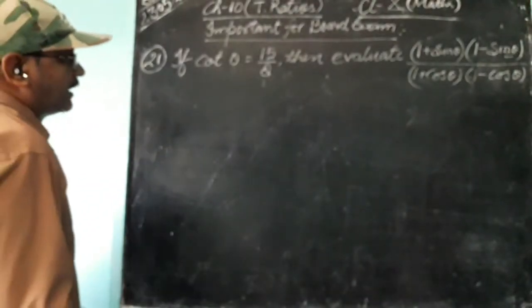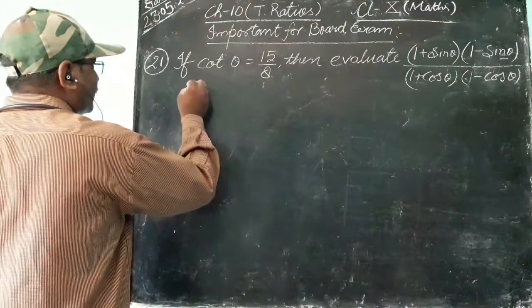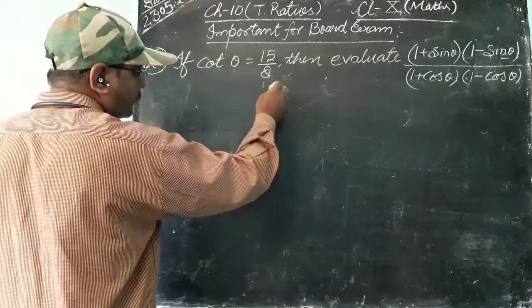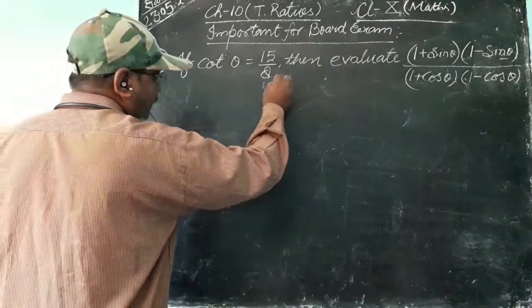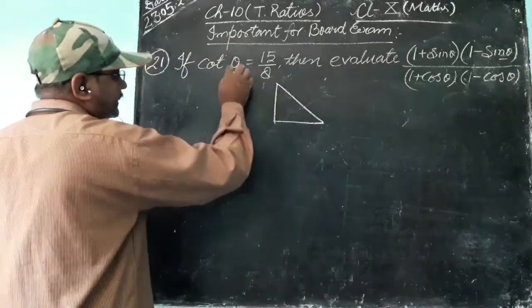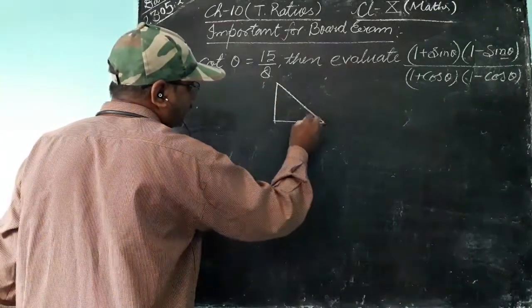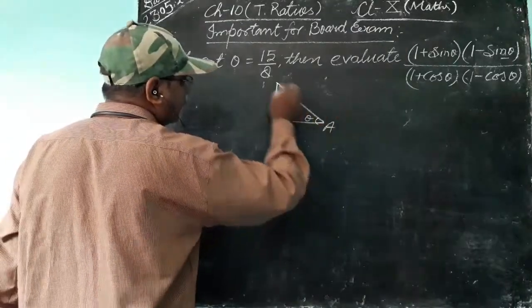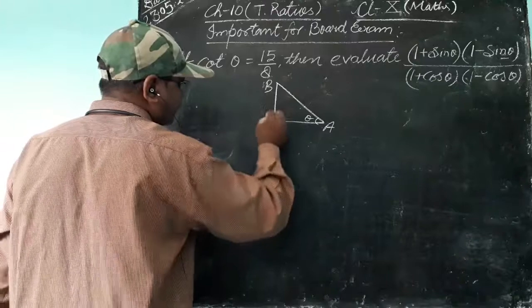So first of all, you find the other part of that triangle. First of all, make the right angle triangle and theta will be there. Put its names from anywhere, A, B, C, okay.